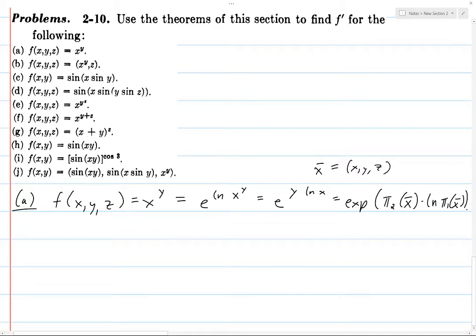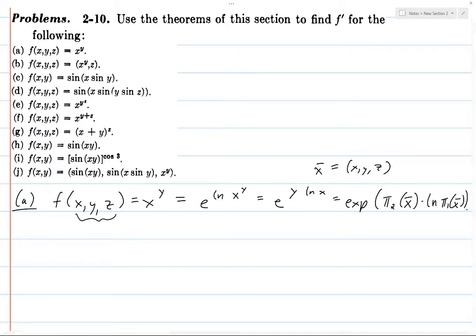So in this final formula that we're ending up with, we need to have things that we can differentiate, meaning things like exponential functions, natural log functions, multiplication and addition and subtraction, things that we know how to differentiate. And we also need to make it so that the thing we're inputting is the same type as the domain of the function. So this is a function whose domain is R3.